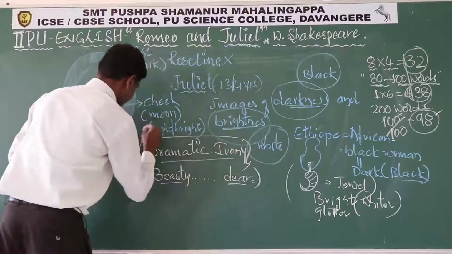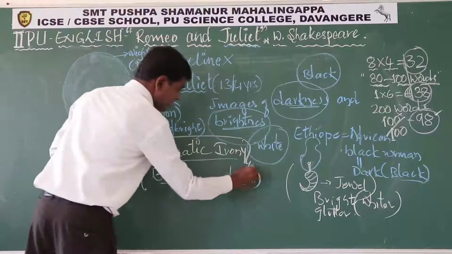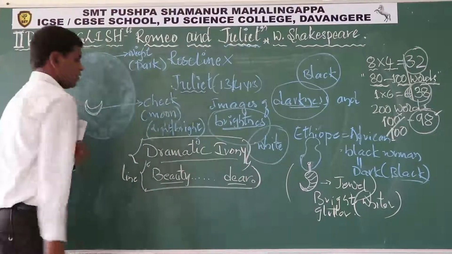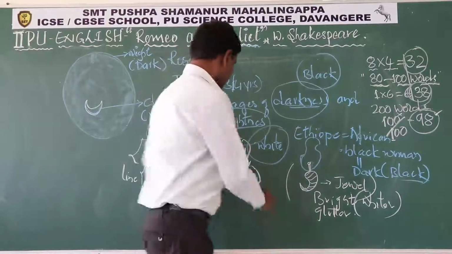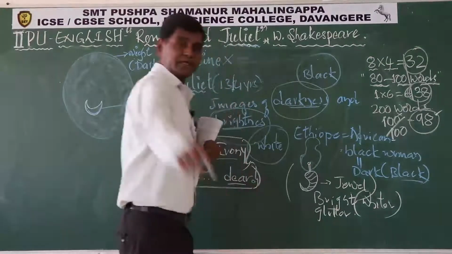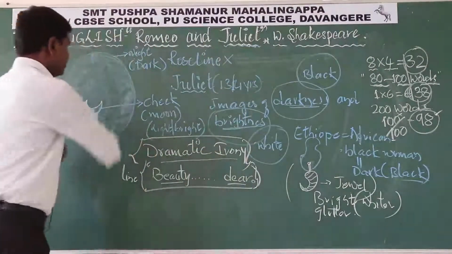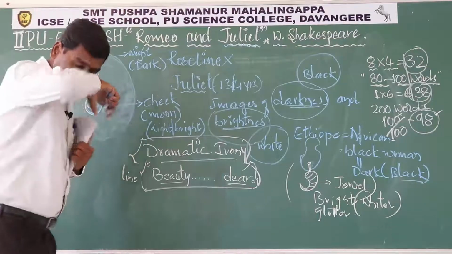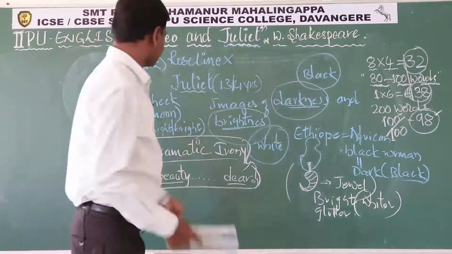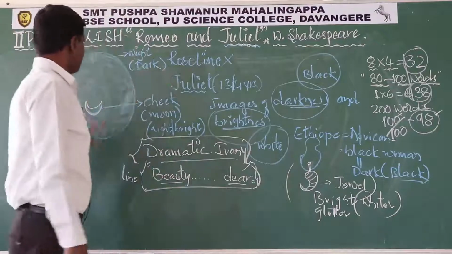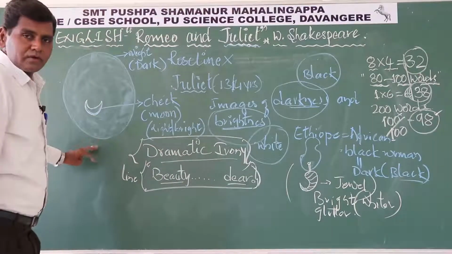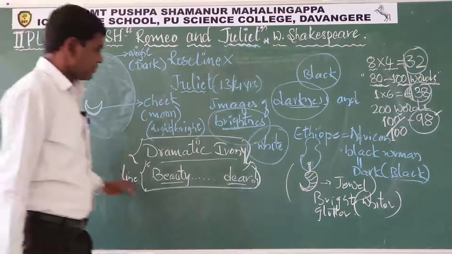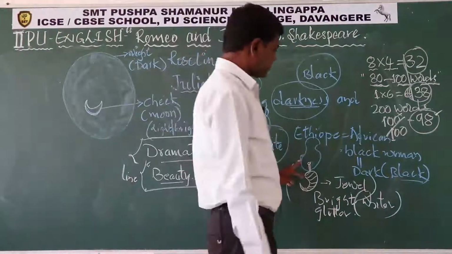This one. Got it? See, look at the points written on the board and just recall what I have discussed about these points. And cheek of the night, rich jewel in an Ethiop's ear.